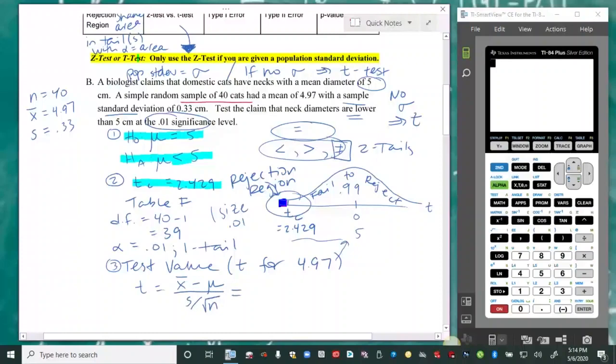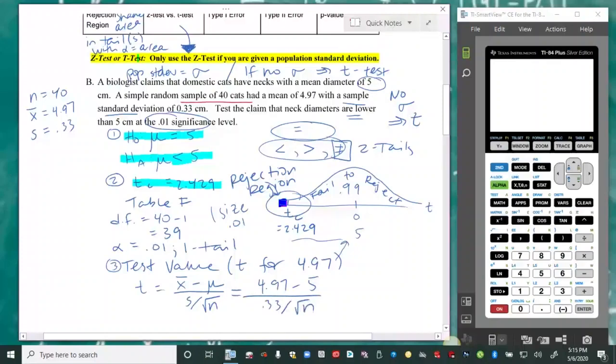This is an averaged standard deviation for all of the different samples of 40 cats that I could have taken. As I'm calculating this, I get 4.97 minus 5 divided by 0.33 over the square root of n.